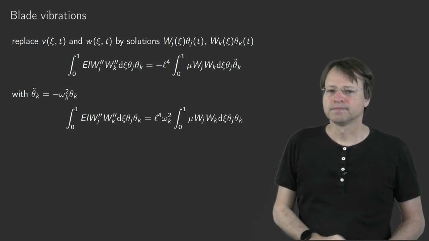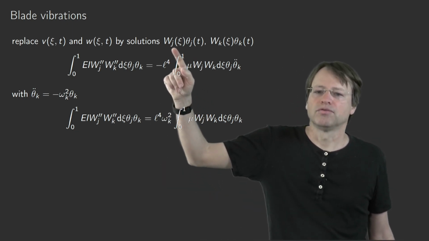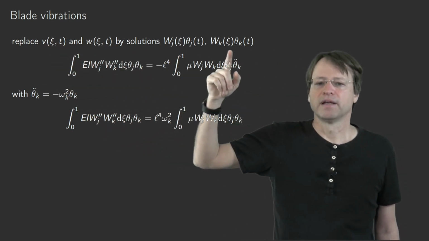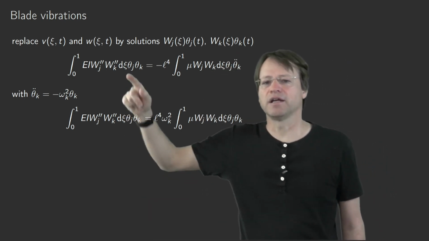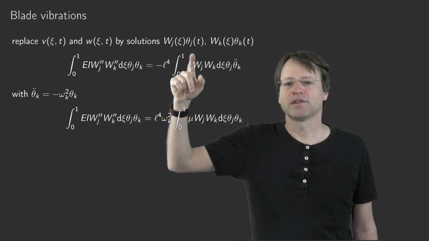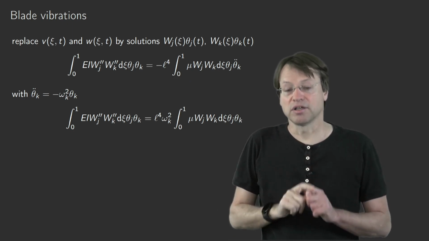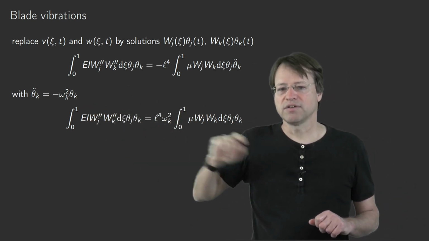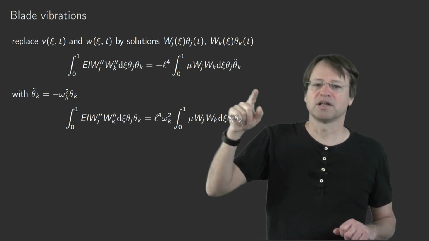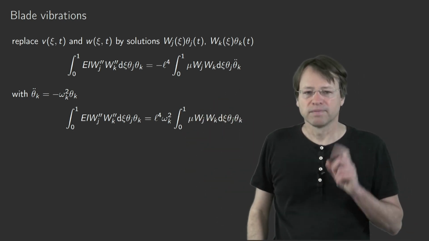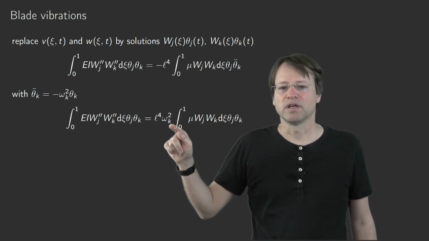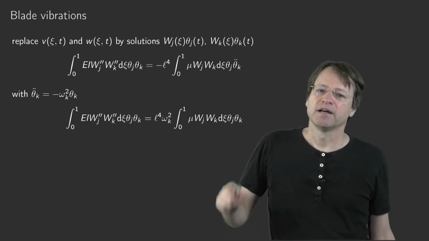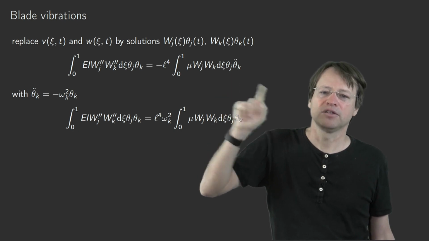So by changing the roles of v and w, or by assigning to v now the mode wk theta k and to w the mode wj theta j, I can derive a second equation for which the left-hand side is completely identical, for which the integral on the right-hand side is completely the same as here, but for which the index of the omega k has to be changed to omega j. That's because this term is symmetry breaking.